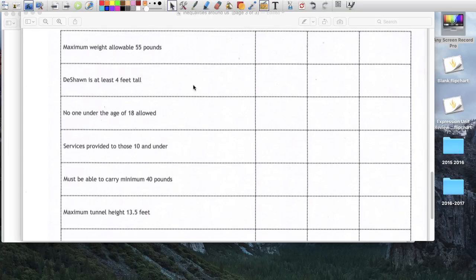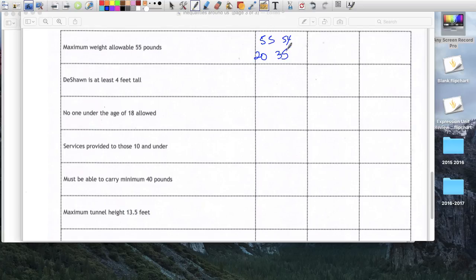Maximum weight allowed, 55 pounds. So you can't be over 55. Can you be 55? Yes. Probably like luggage when you go on a trip. So if your luggage is 55 pounds, that's okay. 54, 20, 35, all those are okay. 56, not allowed.